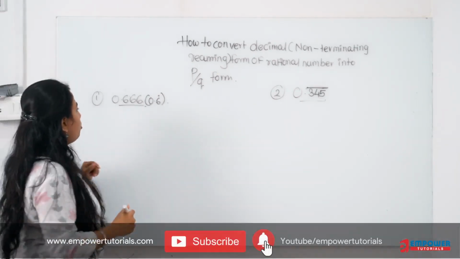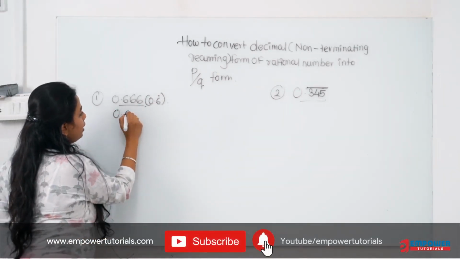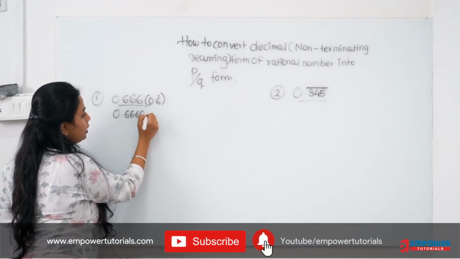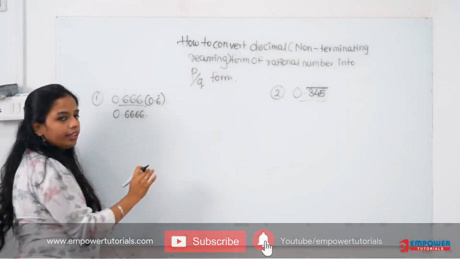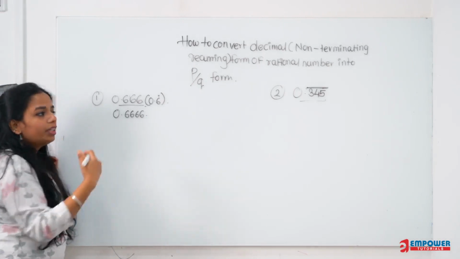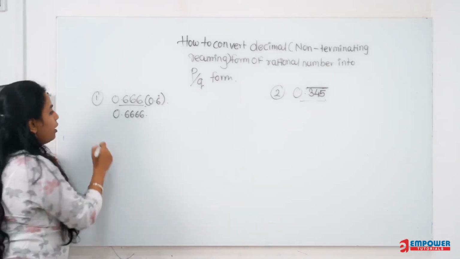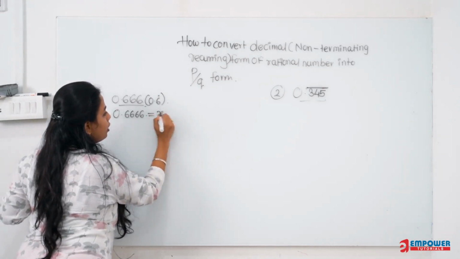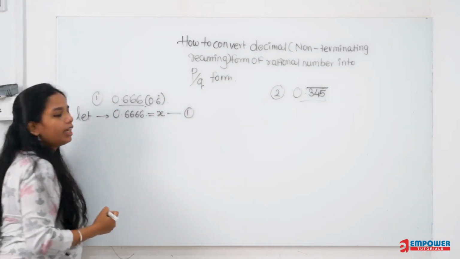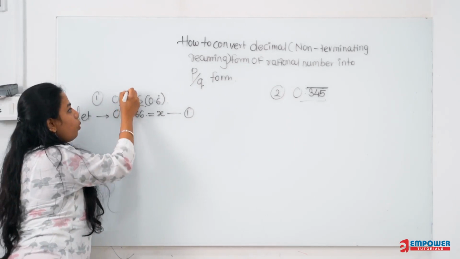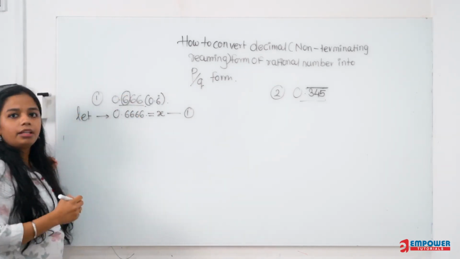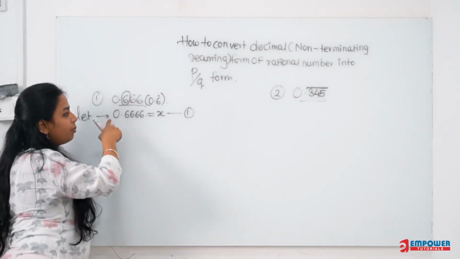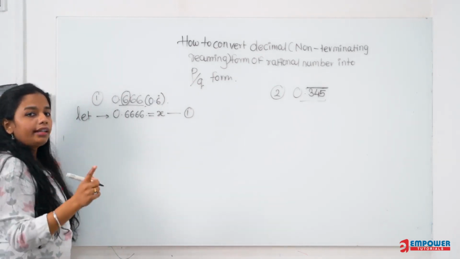Okay. Now how to convert this decimal form into fraction form or into p by q form? So suppose we have 0.6 recurring. Can I write it as 0.6666 and till infinity? Okay. Now I want to convert it into p by q form. So I will let this number be x, and I will consider this as equation 1. Since only one number is getting repeated, I am going to multiply this equation by 10.